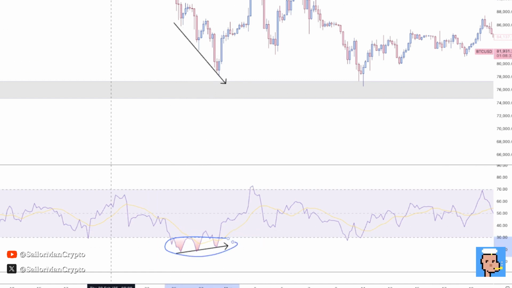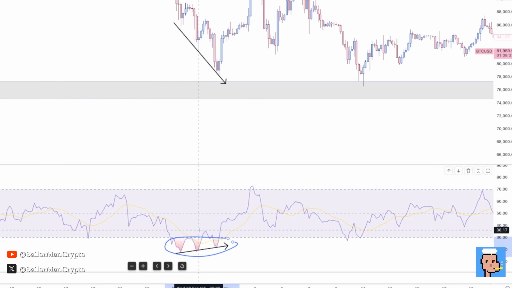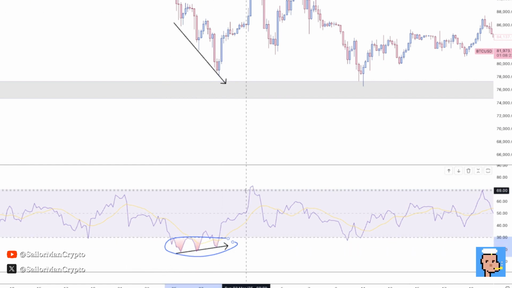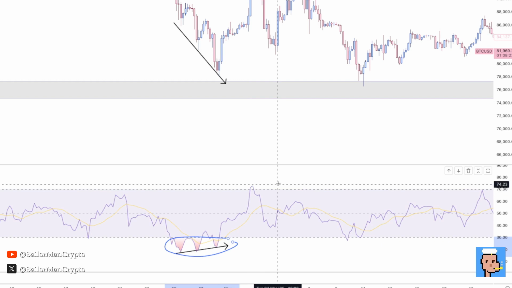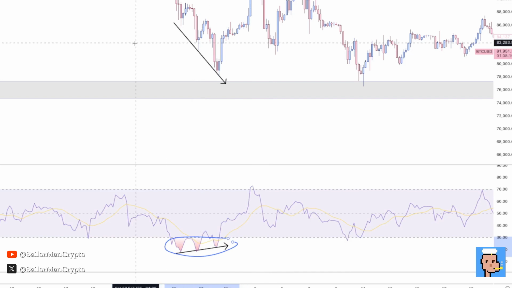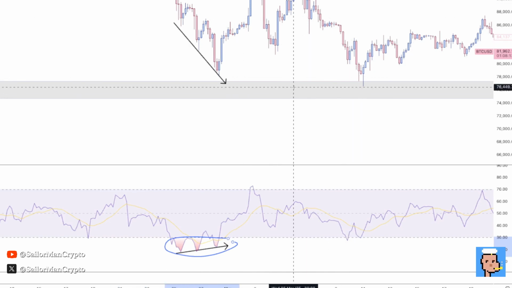You are using this divergence for a counter trend trade, so you usually trade reversals in extreme territory. Extreme territory is around 30 or lower for the oversold, so for a bullish divergence, and extreme territory is around 70 or above for a bearish divergence, so a reversal of an uptrend to the downside.